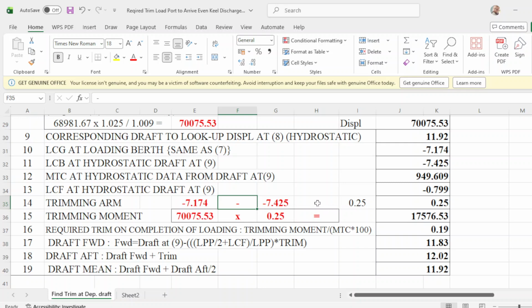And the answer is put this equals. And put this one. Okay, that is a trimming arm. So LCG minus this LCB is your trimming arm. So that is the same with this, the program.